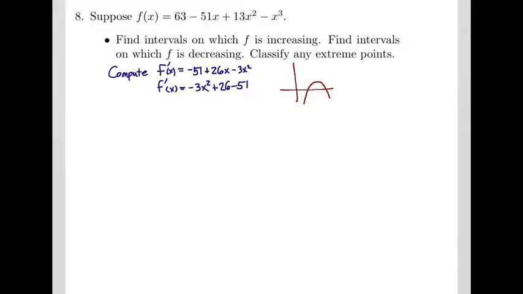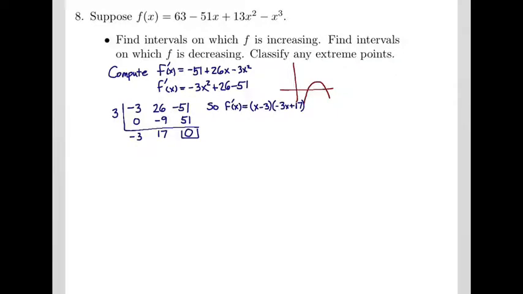So I write my coefficients, negative 3, 26, negative 51, and I test to see if that has a root at 3. I go through the steps of synthetic division, and sure enough, I discover that my first derivative factors.